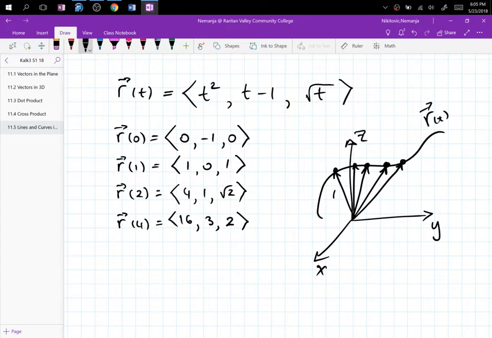So this might be t equals 0, t equal 1, t equal 2, t equal 3, and t equal 4. So now you have this space curve whose each point is described by the vector, and all of those vectors actually are generated from the vector valued function.